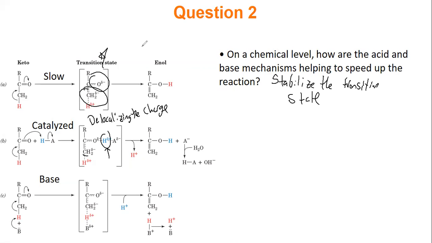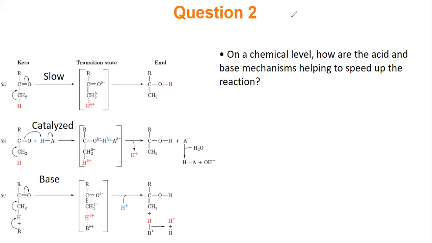We are stabilizing the charges. We are delocalizing it. We are spreading out the charge. And we're going to see this idea all throughout this section. Stabilize the transition state. Have amino acids there to interact with different charges of our transition state.